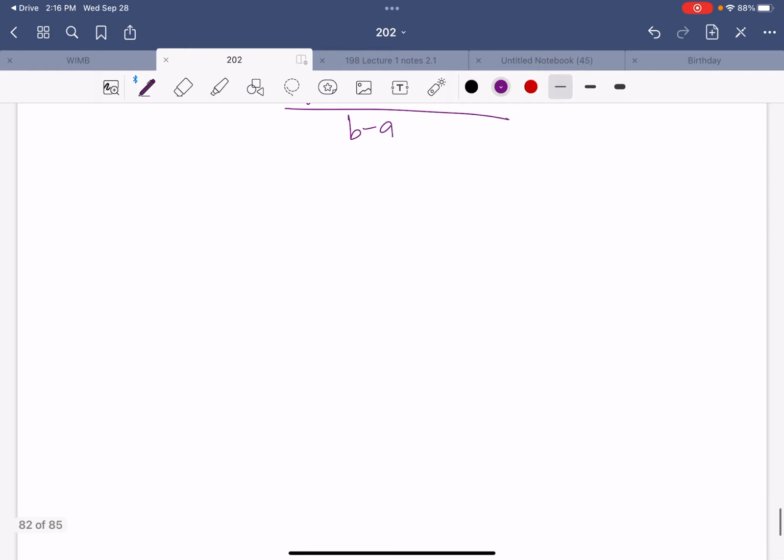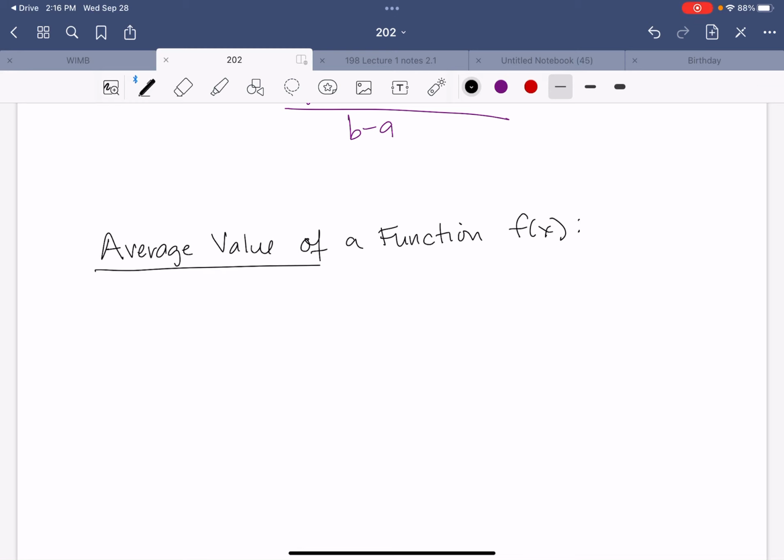Okay, so the average value of a function f of x, and this has to be over a closed interval, is f average equals 1 over b minus a, we just pull that denominator out front, times the integral from a to b of f of x dx.